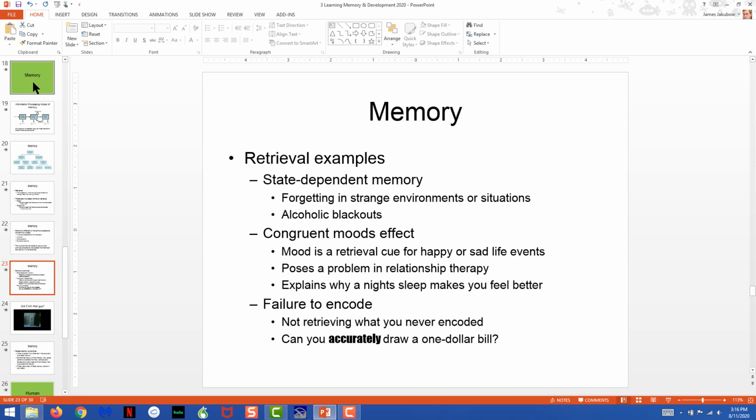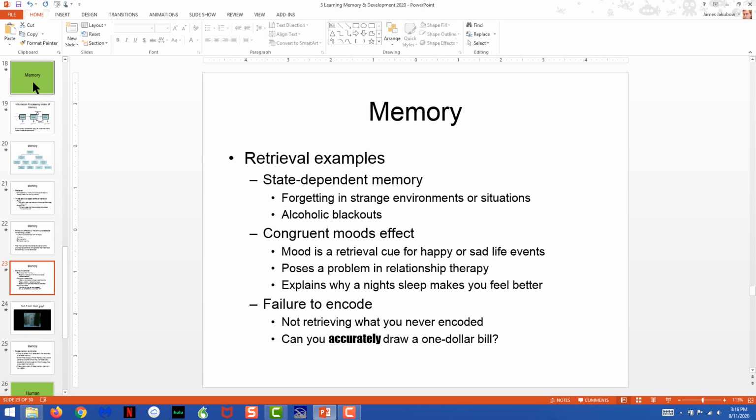In a very similar process, rather than dealing with specific stimulus events in the environment, like literally snow that's present or not present in the environment you're in, you just focus on your mood state. Instead of state-dependent memory, you would call it the congruent moods effect.